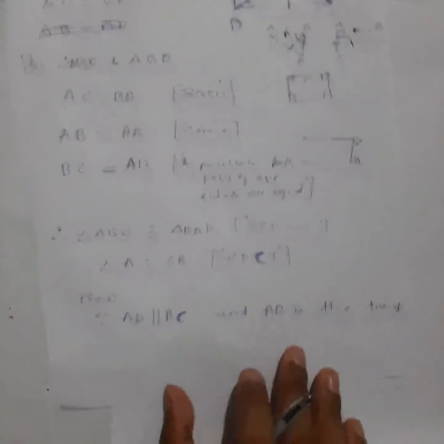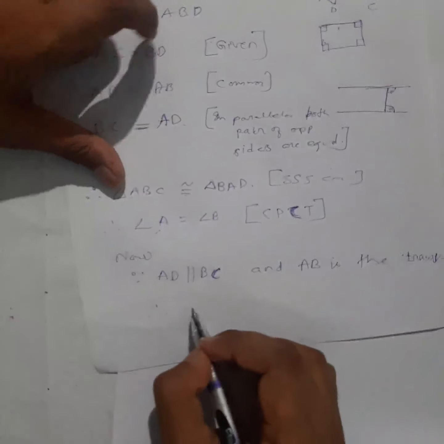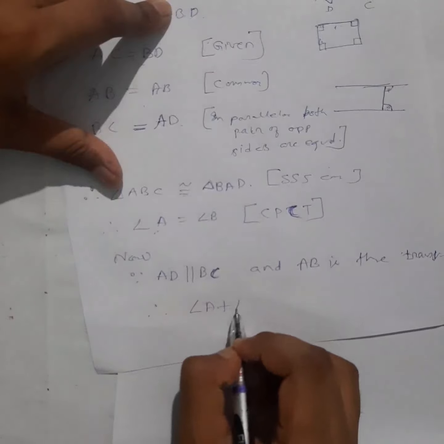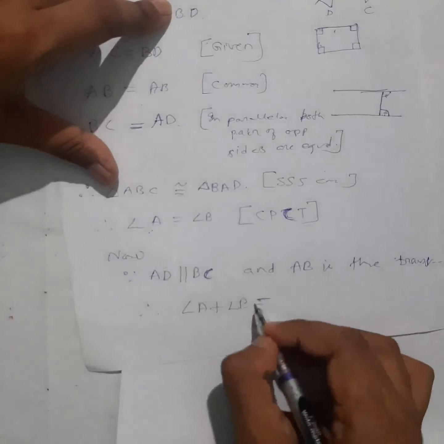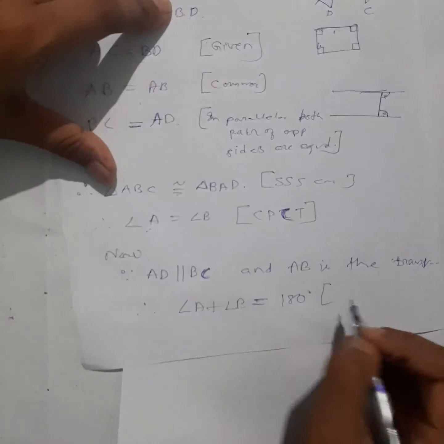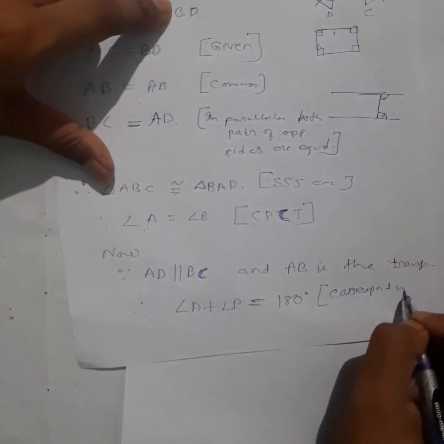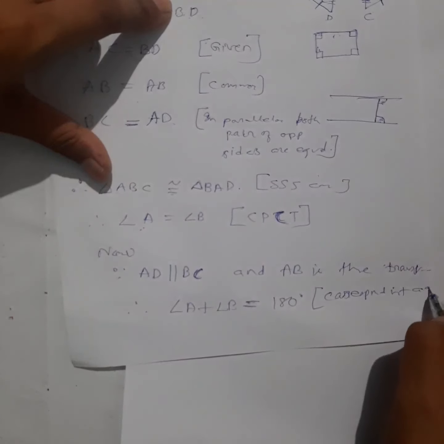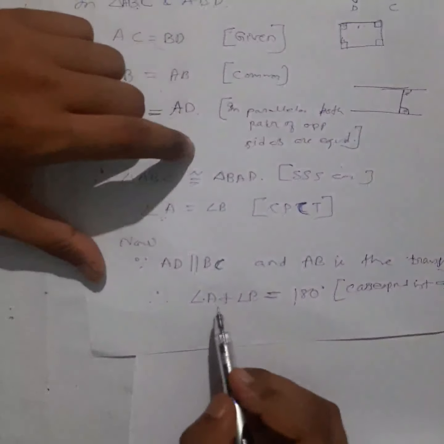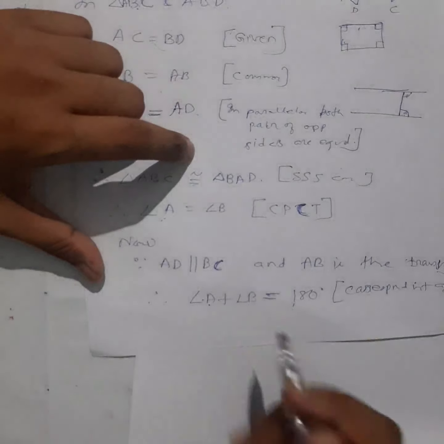Okay, you write one transversal. Therefore what I can write, angle A plus angle B is equal to 180 degrees. Why? Corresponding interior angles. So we know corresponding interior angles are always supplementary. So supplementary means the sum will always be 180 degrees.